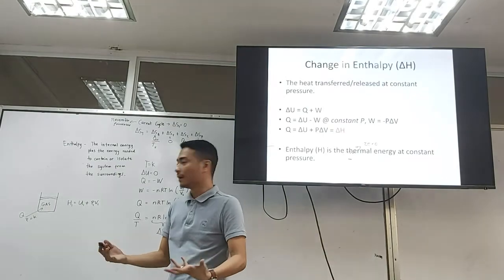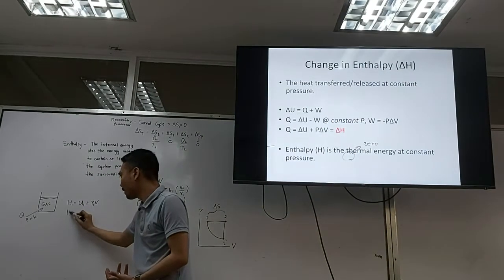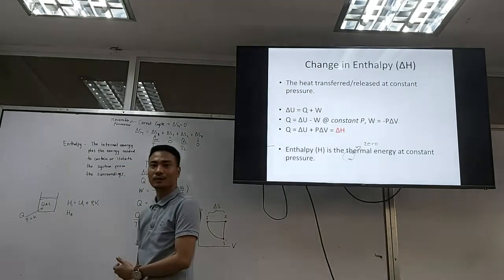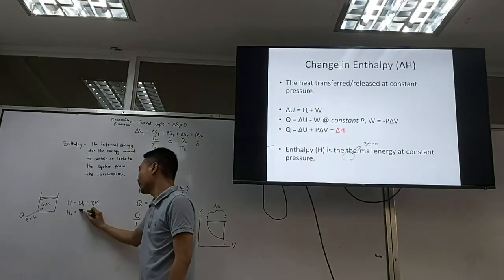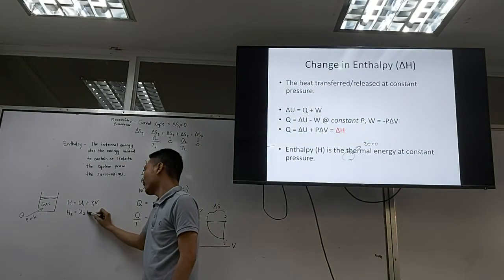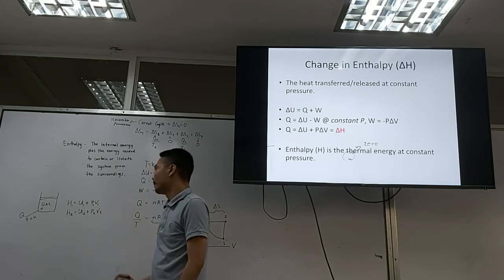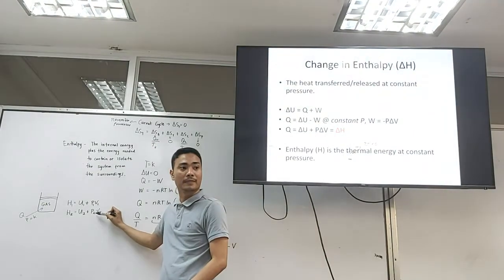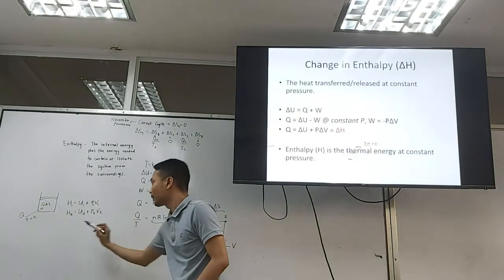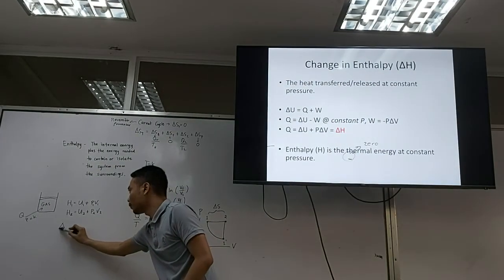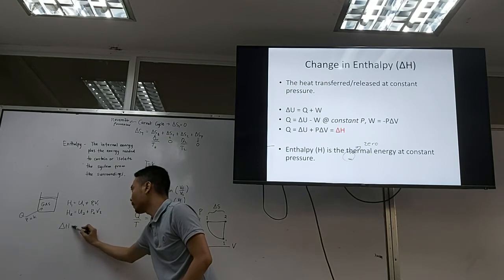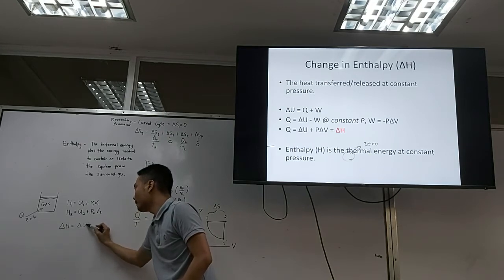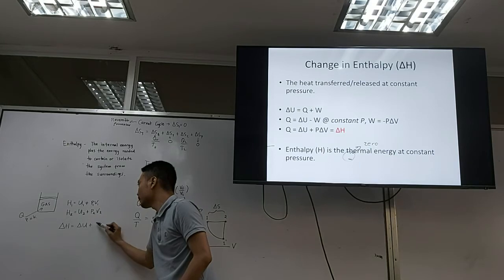Nung nagkaroon ng heating, ano na yung mangyayari? Magkakaroon ka na ng H2. Siyempre, ito, U2 plus P2V2. However, alam natin yung P1 is equal to P2. So if you get the change in enthalpy, that would be what? Delta H is equal to what? Delta U plus P delta V.